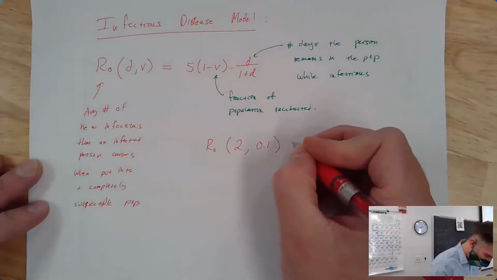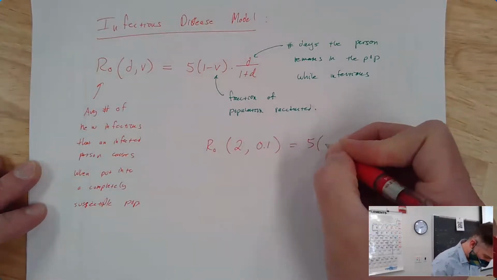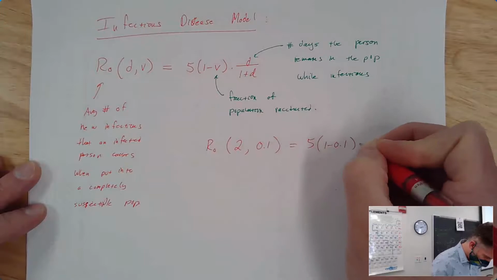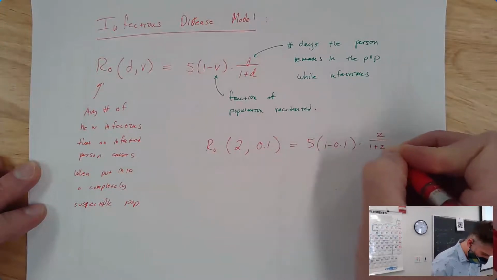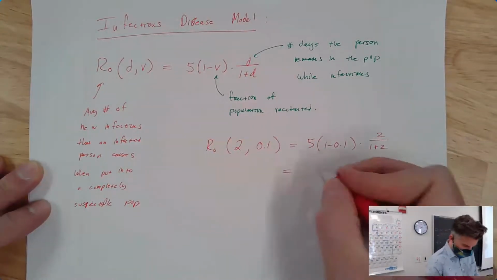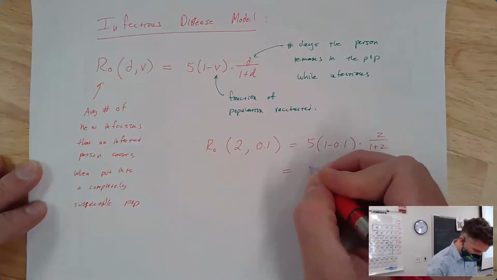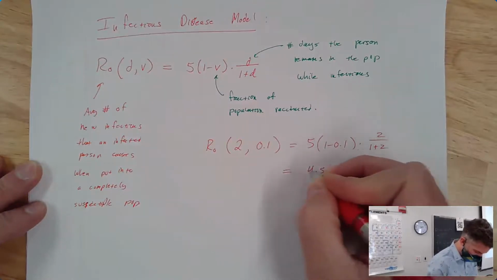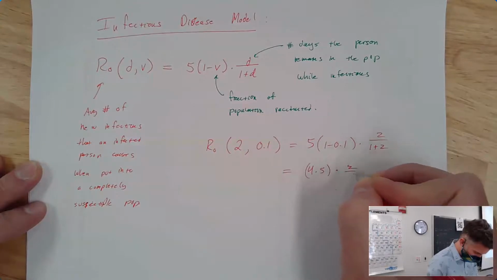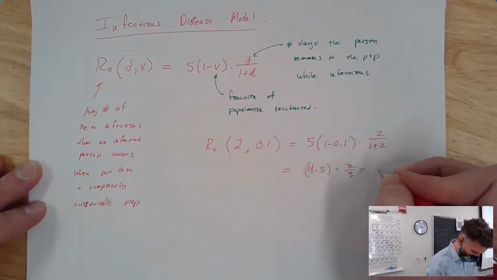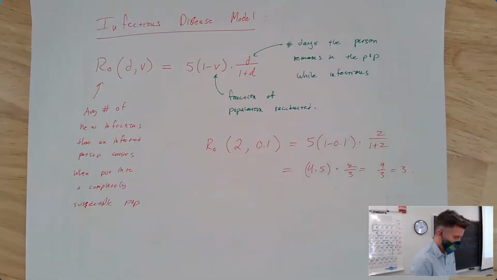Well, that's going to be 5 times (1 minus 0.1) times 2 over (1 plus 2), which is 5 times 0.9 is 4.5, times 2/3. That's going to be 9 over 3, which is 3. So if someone remains in this population for 2 days, we would expect 3 new infections on average.